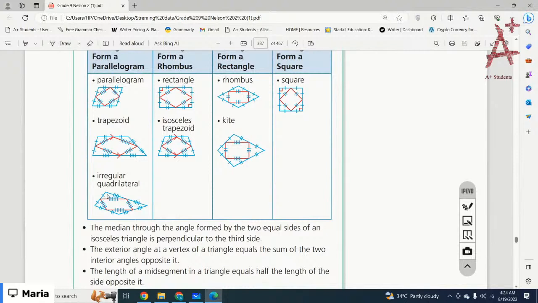Each vertex of the square is the midpoint of a segment of the quadrilateral, right? You can see the trapezoids form a square, right? Also, the rectangles form a square. That means the assumption is not correct. The conjecture is not correct, right? Okay.